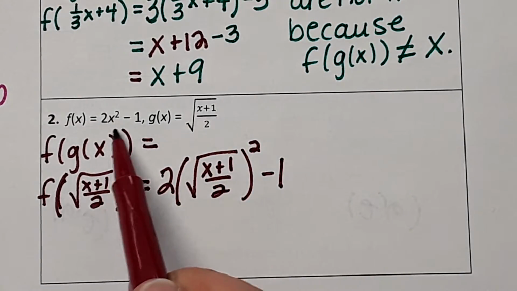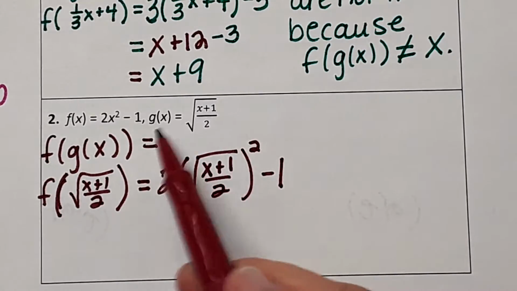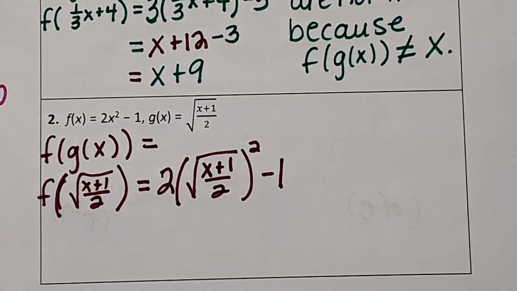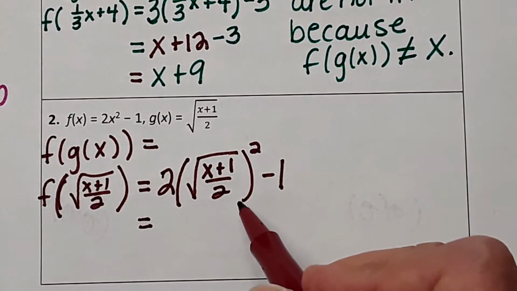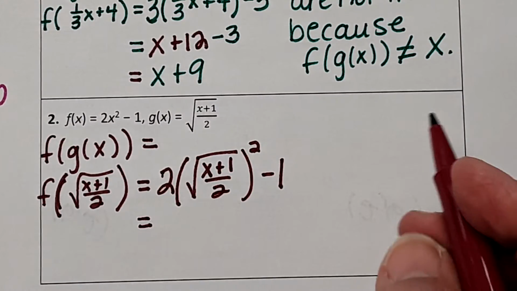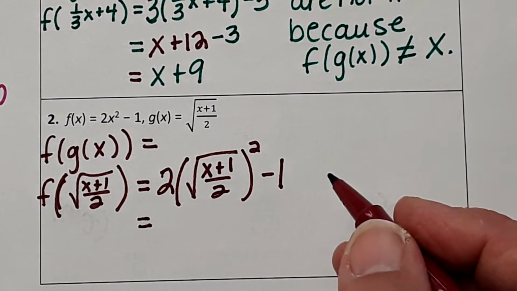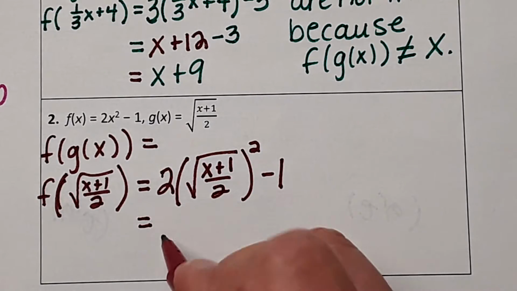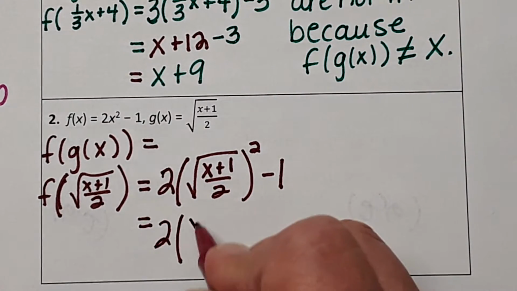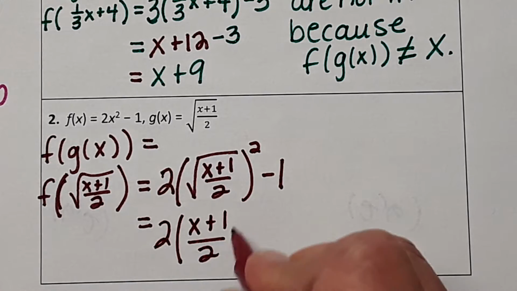Because it was 2x squared minus 1, so I'm putting x plus 1 over 2 in there. When you square a square root, what happens? It cancels out, so you're left with 2 times x plus 1 over 2.